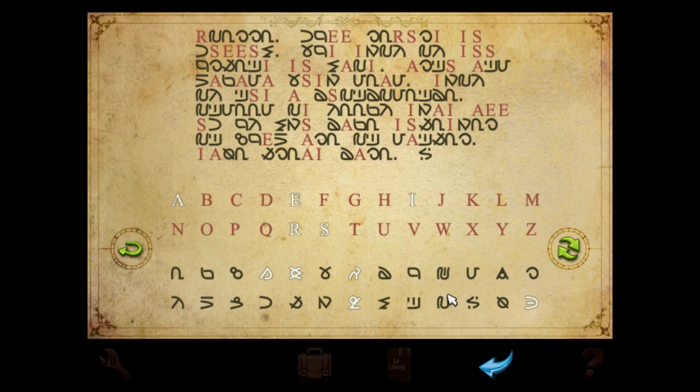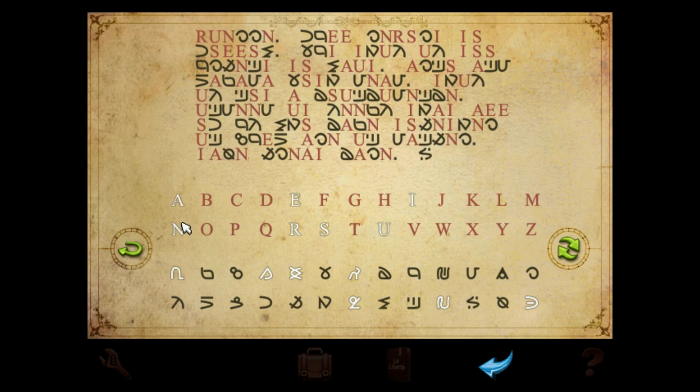Let's say if we chose this to be U. Let's see. And let's say we chose the N, that looks like it, to be N. We're definitely making mistakes here. So we have AEE. AEE doesn't work. So E is wrong.